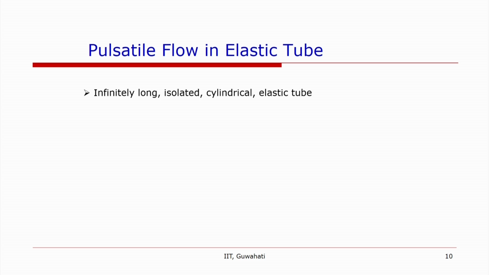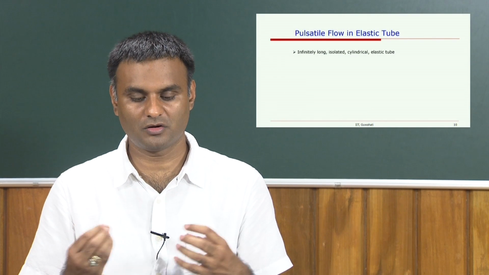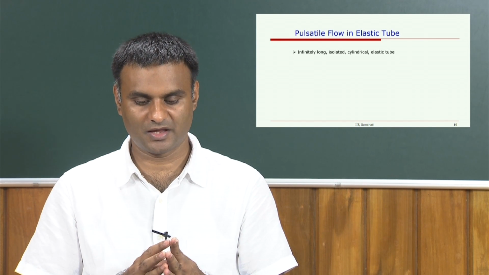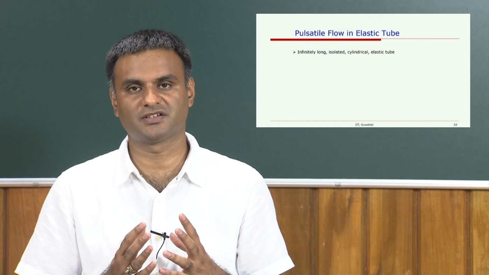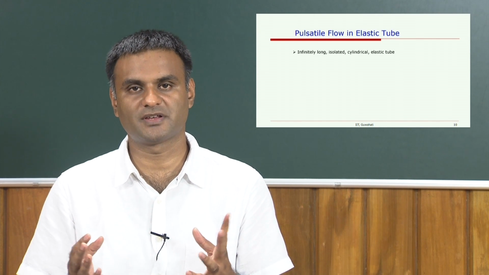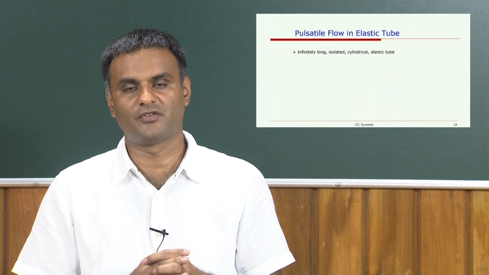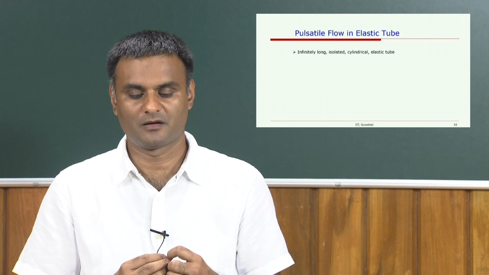We assume that the channel is infinitely long, so no entrance and exit effects are being considered here. The tube is isolated from other systems, and the external pressure remains constant throughout. We are not considering the changes in the external pressure.